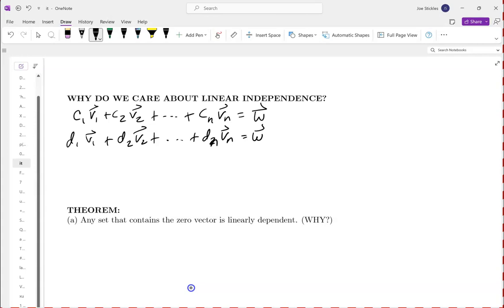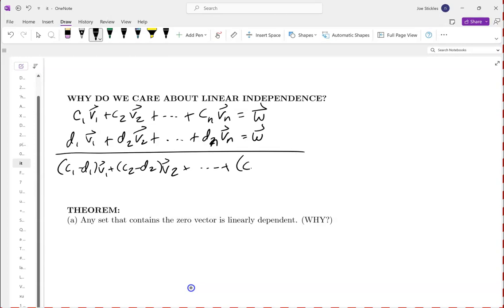So if we subtract these two equations, we get (C1 minus D1) times v1, (C2 minus D2) times v2, out to (Cn minus Dn) times vn equals the zero vector.